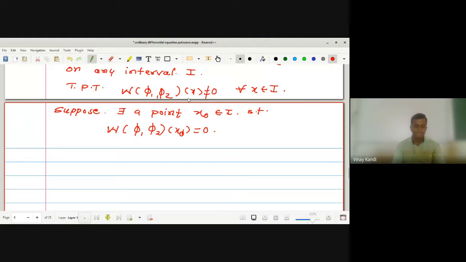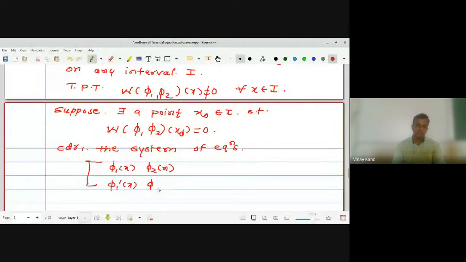Okay, now consider the system of equations. What is the system of equations? Phi1 of x naught, phi2 of x naught, phi1 dash of x naught, and phi2 dash of x naught at that point, and this is the C1, C2, and the right hand side is 0, 0.